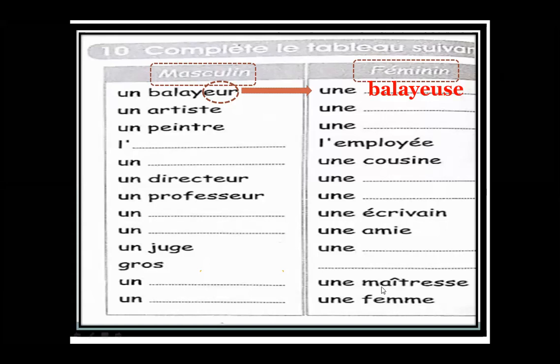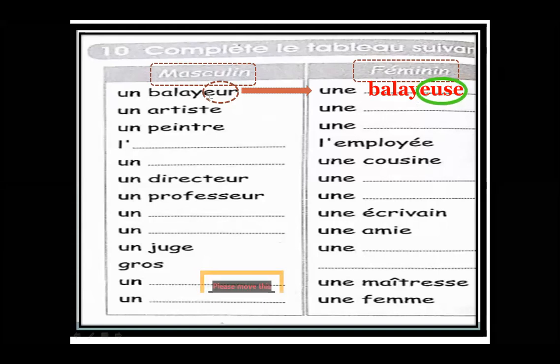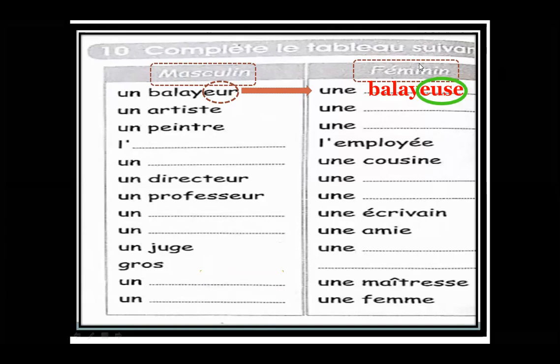As you see, balayeuse. So we replaced E, U, R with E, U, S, E. That's the way we convert the noun from its masculine form to feminine.